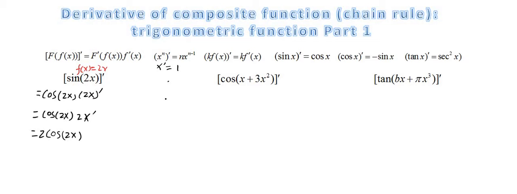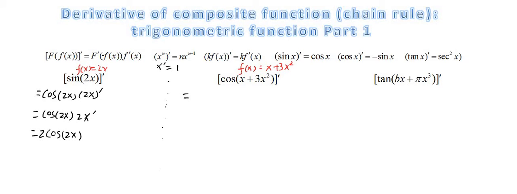The second example. First of all, we can see that capital F is cosine. And what is little f x? That is x plus 3x squared. Now we follow the formula.